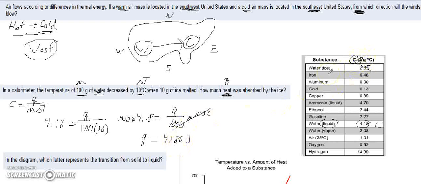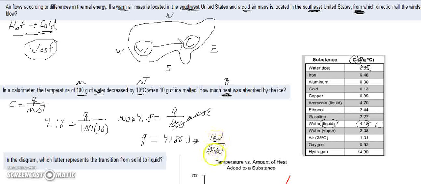But the second tricky part of this question is that it asks you for the answer in kilojoules. Oh no, what to do? We need to convert our joules to kilojoules, and we can do that with a simple conversion. Remember, 1 kilojoule equals 1,000 joules, and hopefully you're realizing kilo means 1,000, so a kilo of anything is 1,000 of that.